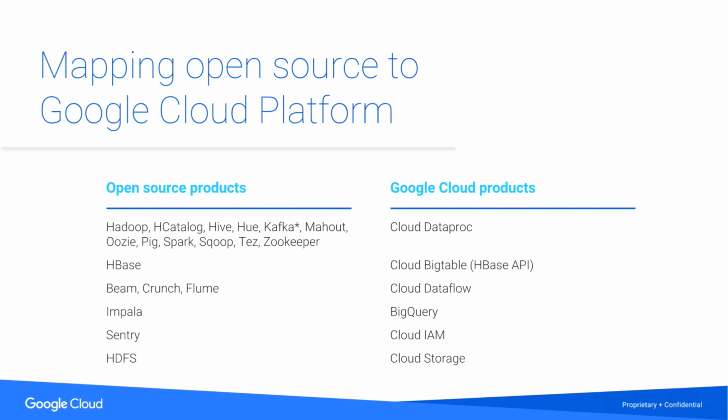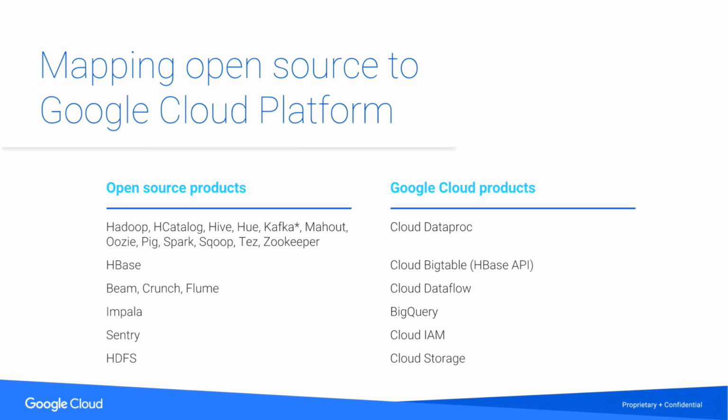So basically this slide talks more about how we map the open source technologies within the Apache Spark and Hadoop ecosystem to our Google Cloud products. So pretty much the standard Hive, Pig, Kafka, Spark, Sqoop, Zookeeper, you can run all of them on Google Cloud Dataproc.